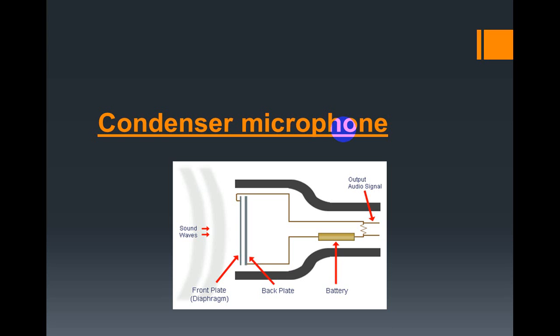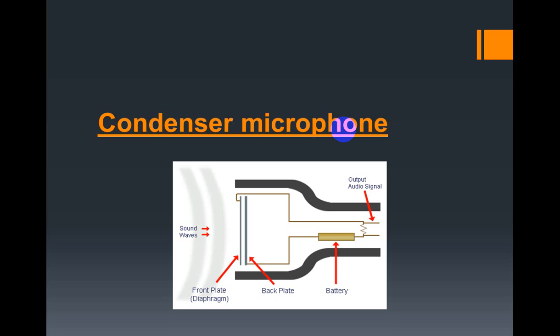So how does the condenser microphone work? Sound waves are transmitted through the air by varying air pressure. The sound wave hits the front plate or the diaphragm, which moves back and forth based on the varying air pressure. The battery inside the microphone or the power supplied from the preamp powers the capacitor, and this creates a voltage between plates.